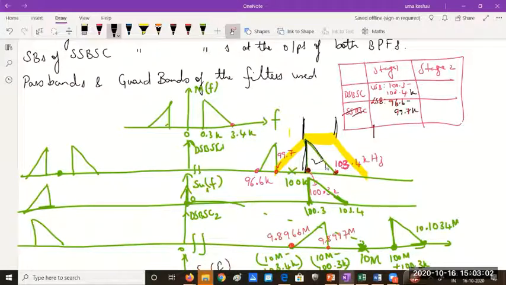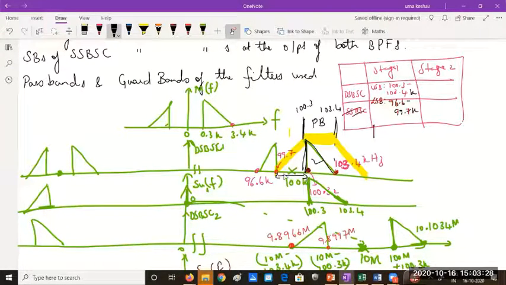This sideband should be completely passed through 100.3 to 103.4. This would be your pass band. Is that clear? And on the other side, I should look at this separation. The guard band is this range where the filter gain is falling off, rolling off.